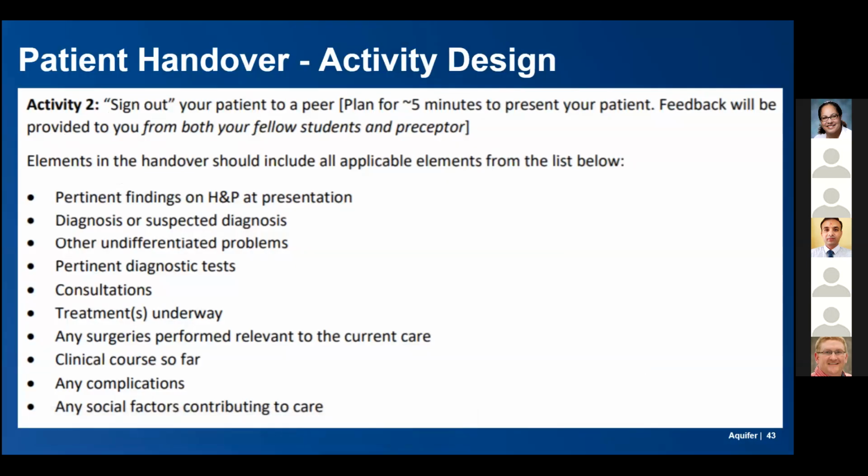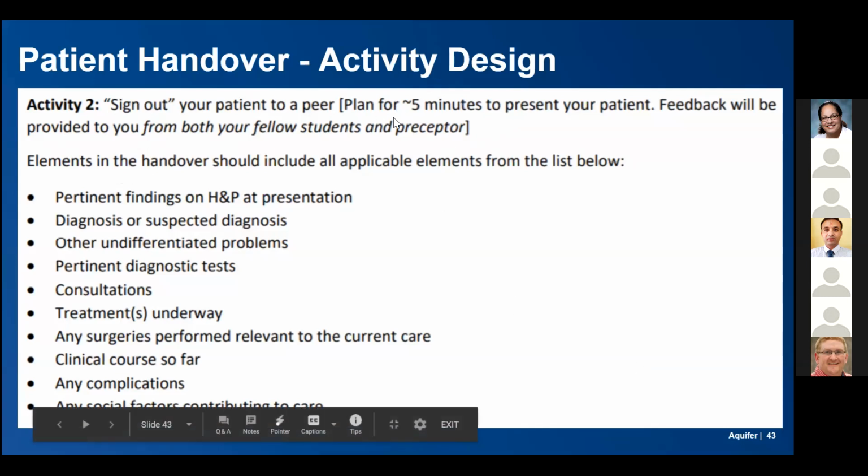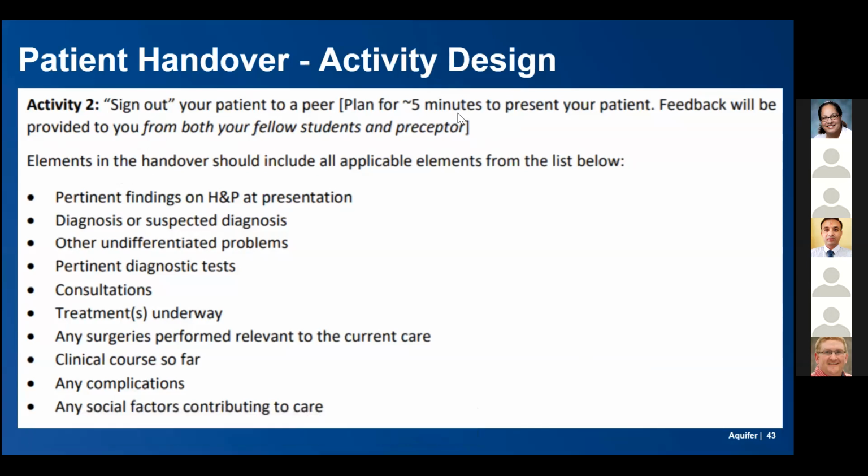And this was the activity to have a student sign out their patient to a peer. We wanted to provide guidance to our preceptors for how much time needed to be allotted for the activity, and to include these elements. Some folks may be familiar with the IPASS framework for providing handovers, and you can use that kind of a framework as well.